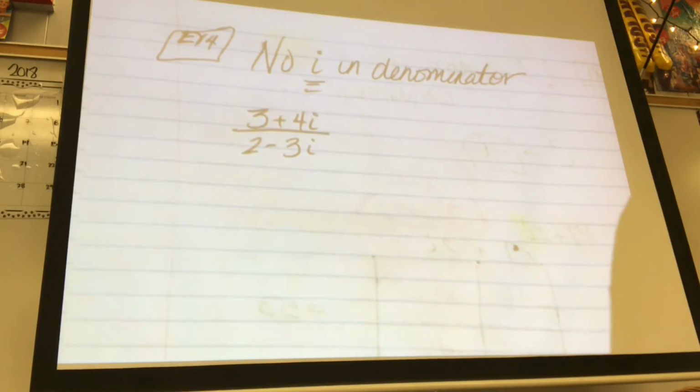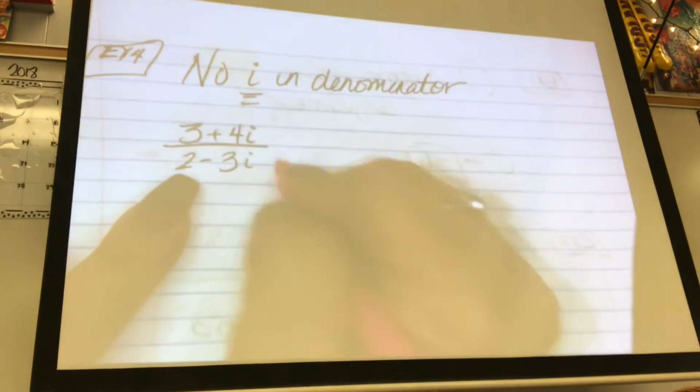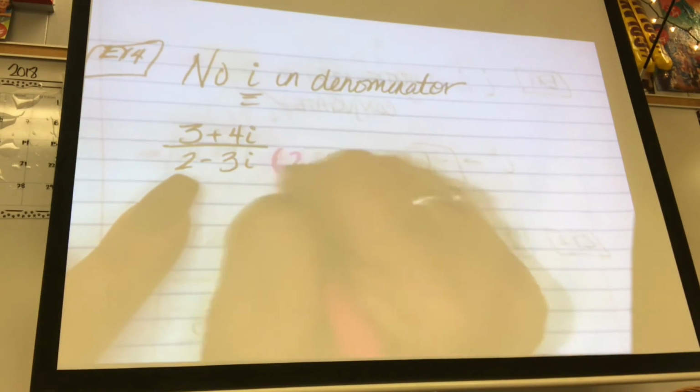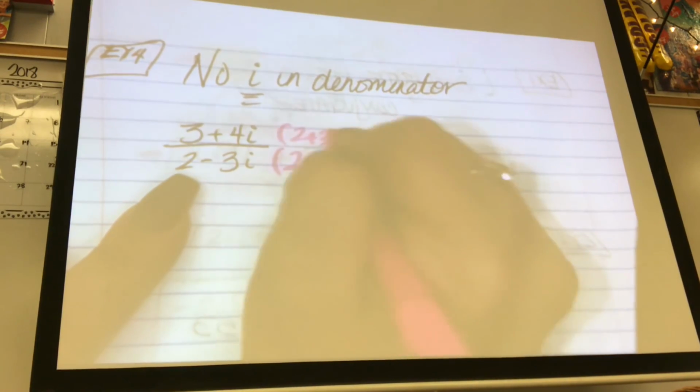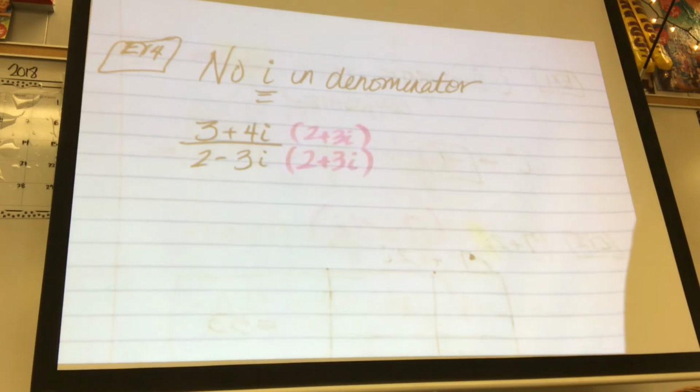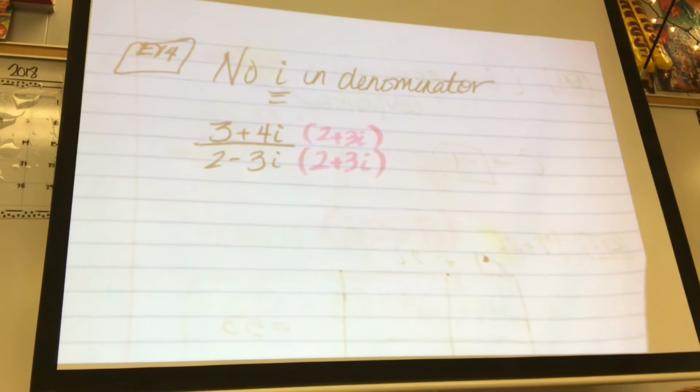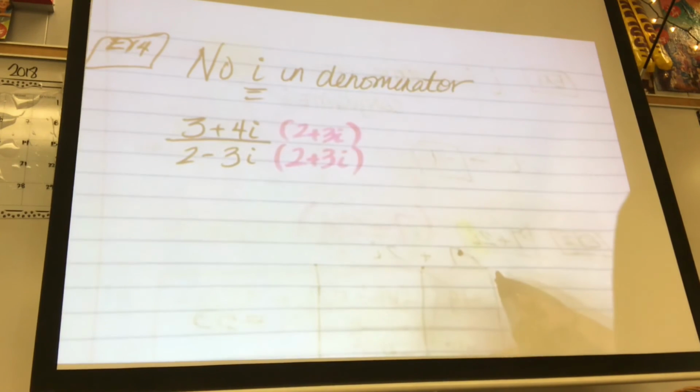What is the conjugate of 2 minus 3i? Yes, so I'm going to multiply top and bottom by 2 plus 3i. Now, what we're doing is we're getting rid of the i in the denominator. And now we're going to simplify it.